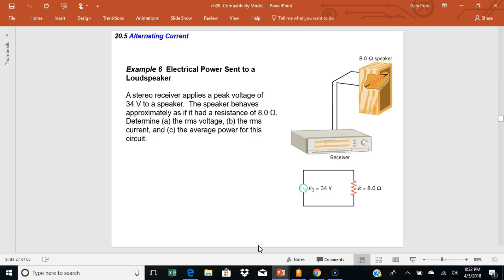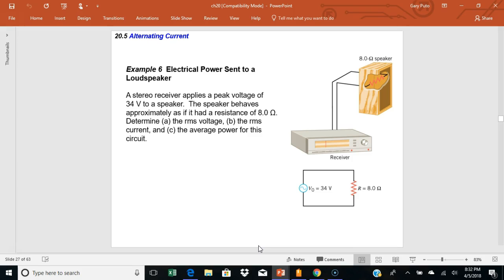Here's an example. You get power sent to a loudspeaker on a stereo system. The stereo receiver applies a peak voltage of 34 volts. So you know in this example, example 6, that V sub 0 is 34 volts max.